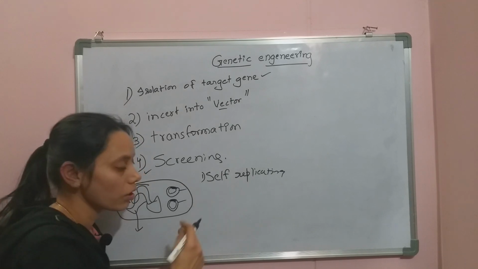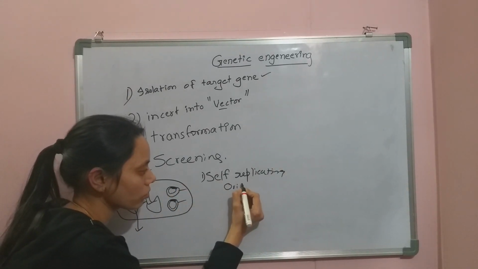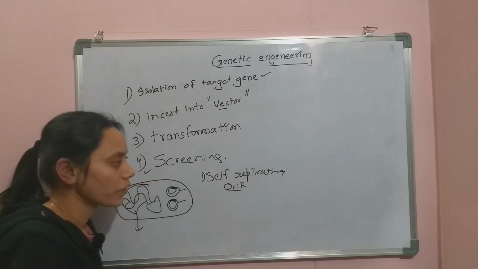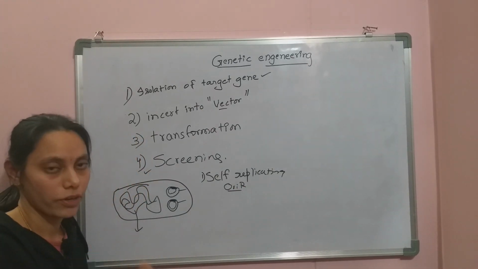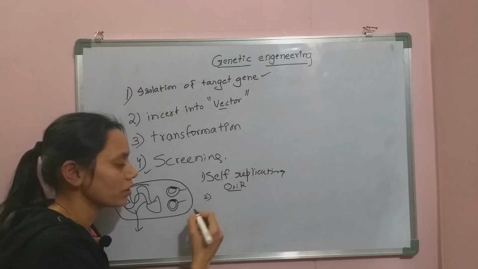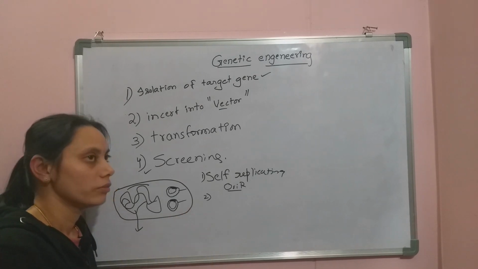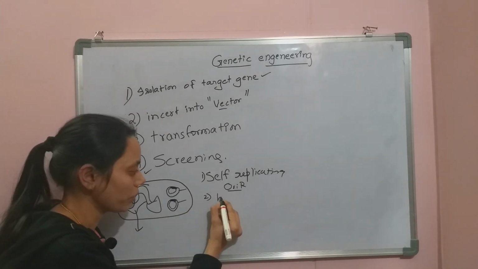So a DNA molecule with an origin of replication can only be self-replicated, and it needs to have a high copy number. That means the number of copies it can produce will be higher. So high copy number.